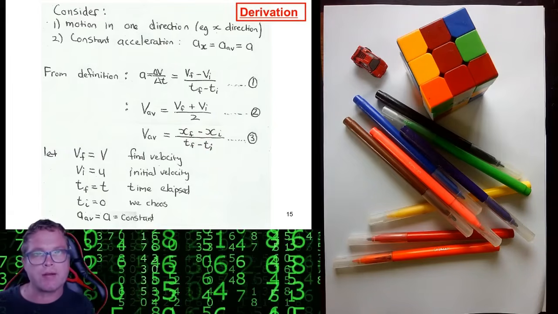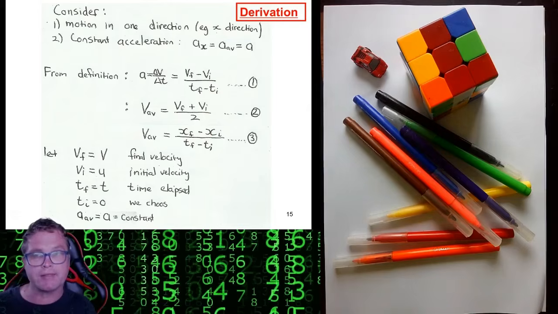Now, simply to simplify the notation and make it a little bit more comfortable, we're going to define some of the symbols in different ways. We're going to call the final velocity v. We're going to call the initial velocity Vi, and rewrite that as u. Then we're simply going to say that the initial time is 0.